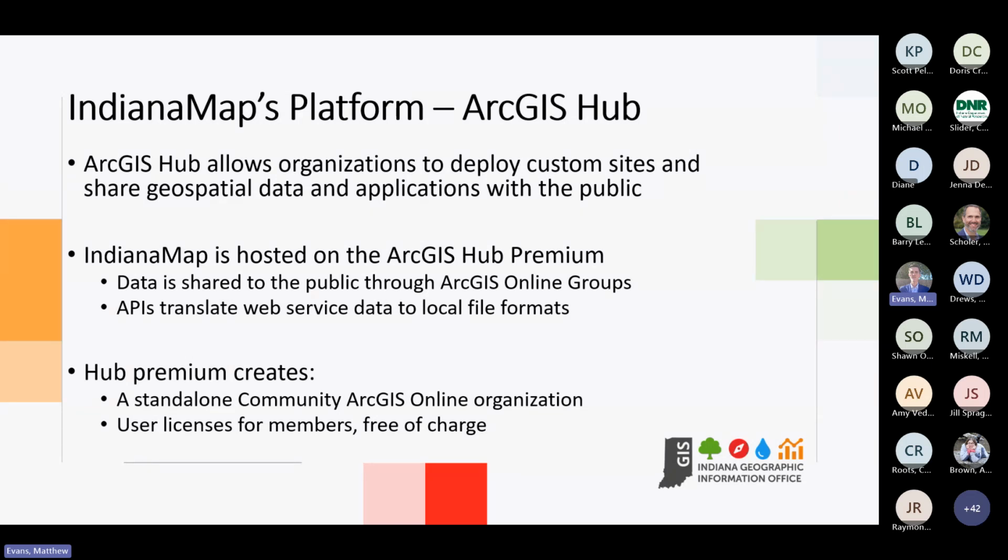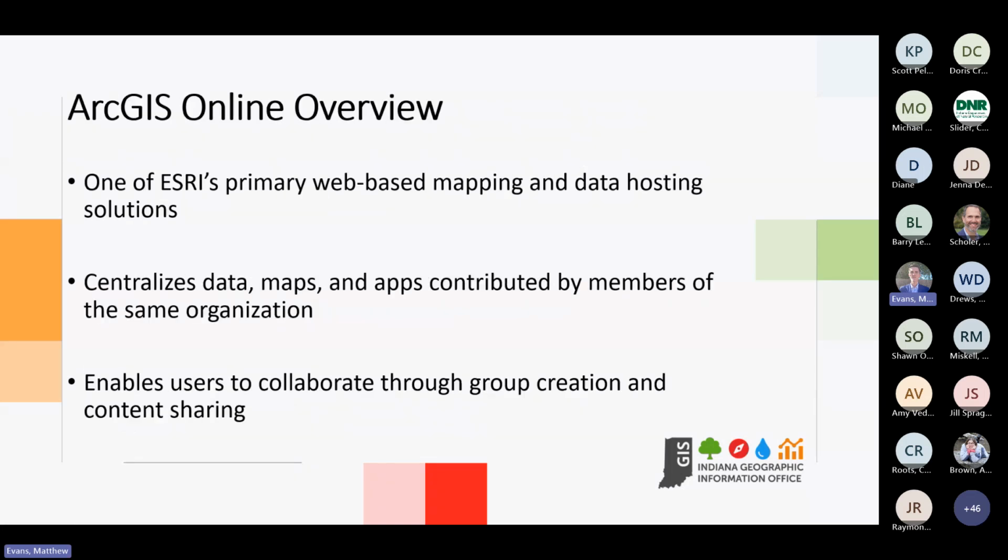So when we stood up the IndianaMap Hub site and Hub organization, this deployed a standalone ArcGIS Online organization. And we offer user licenses for anybody that signs up for one of these accounts, and that is all free of charge.